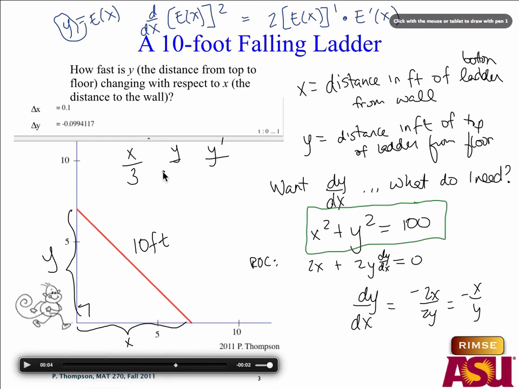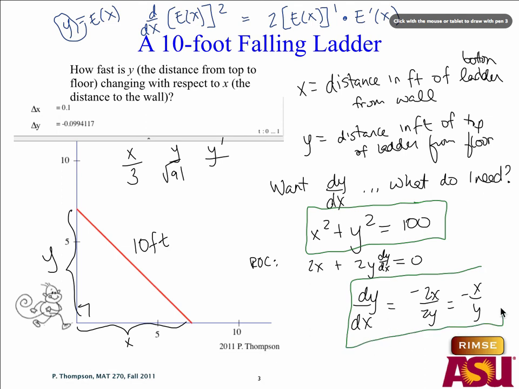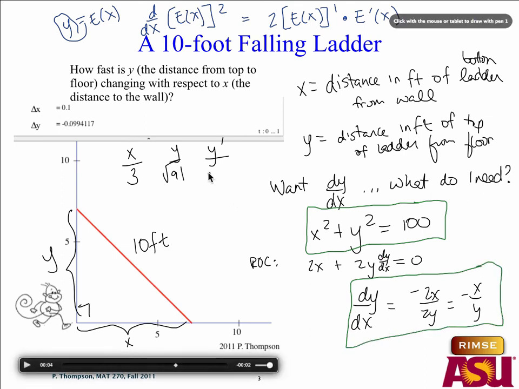Negative 3 over the square root of 91. Okay? So let's talk about the meanings of these numbers. Okay? So what does it mean to say that when x is 3, y is the square root of 91? What's actually going on in our picture?